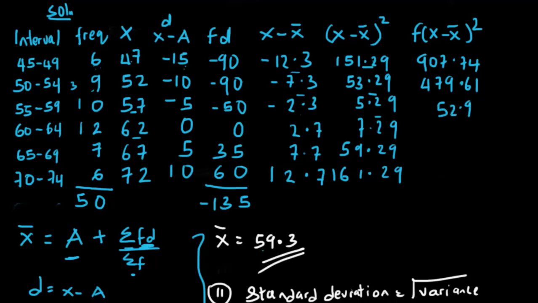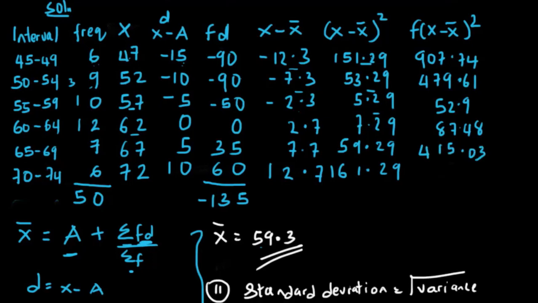Then next 12 times 7.29, 87.48. Then next 7 times 59.29, we have 415.03. So lastly, we have 6 times 161.29. That will give us 967.74.